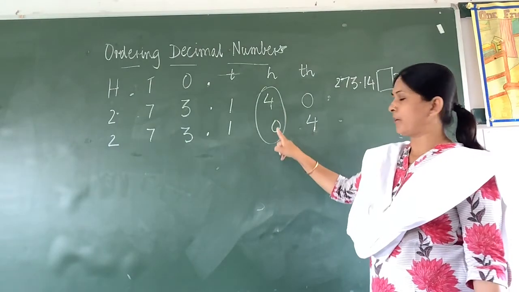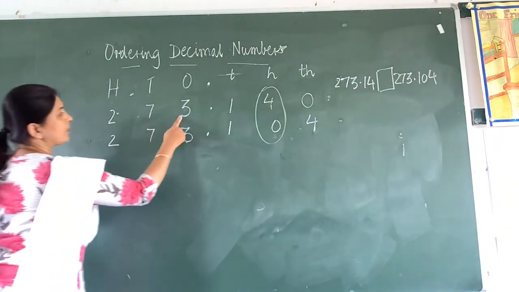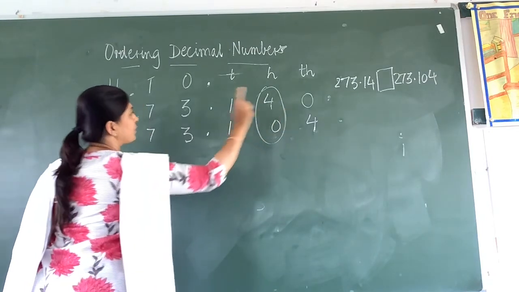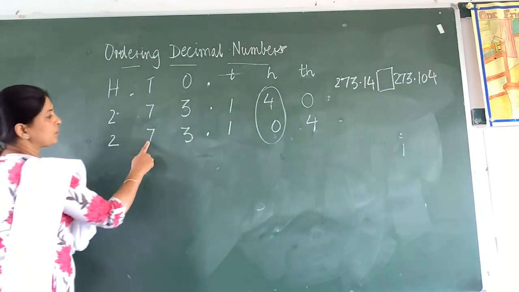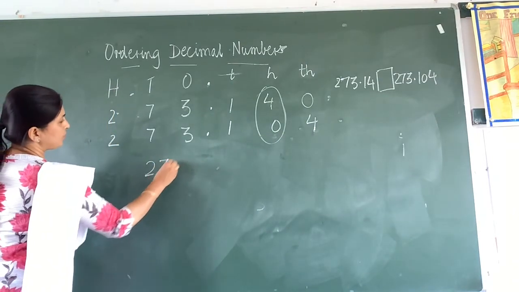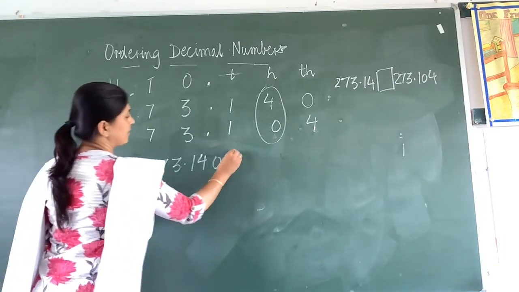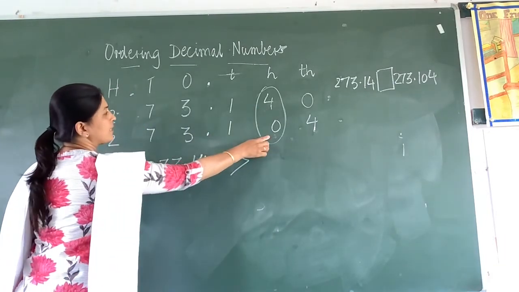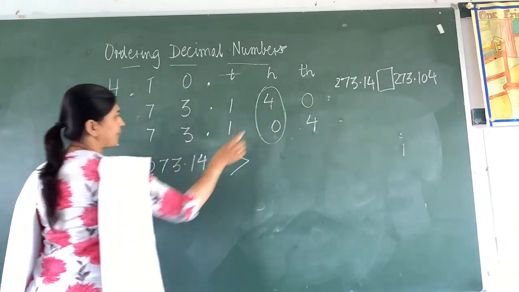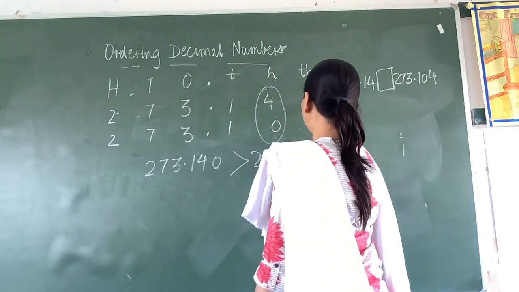Now 4 is greater than 0. What does this mean? That 273.140 is greater than 273.104. Since 4 is greater than 0, this decimal number is greater than the second decimal number.